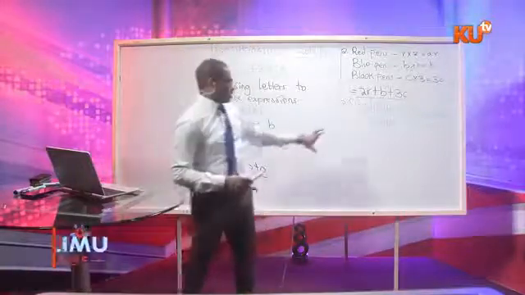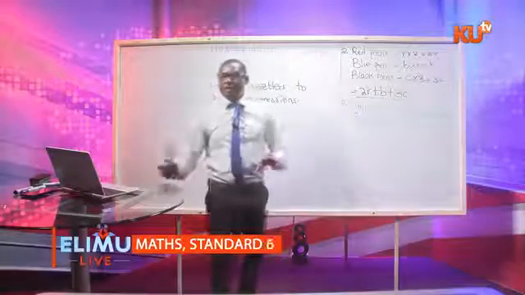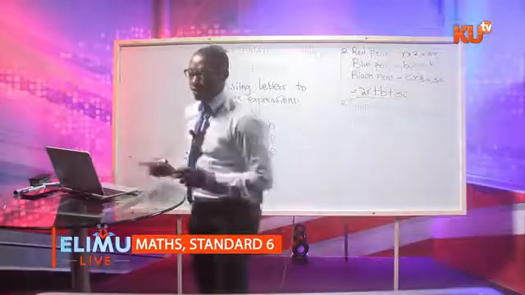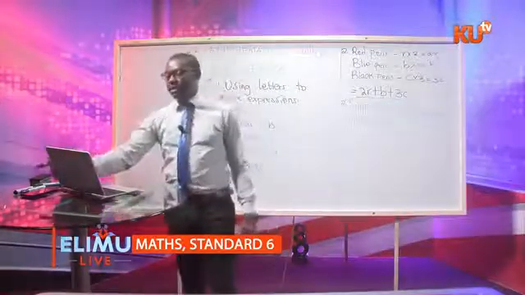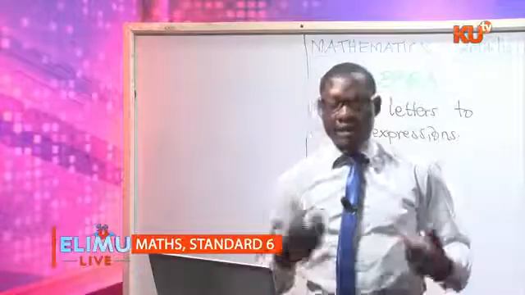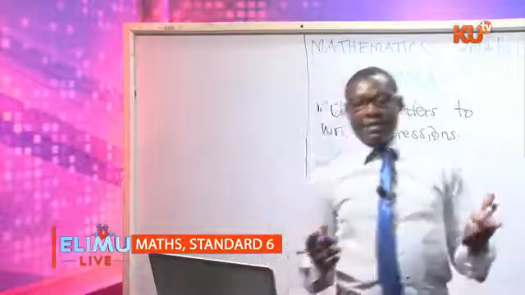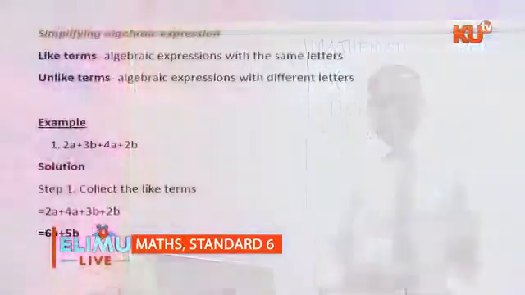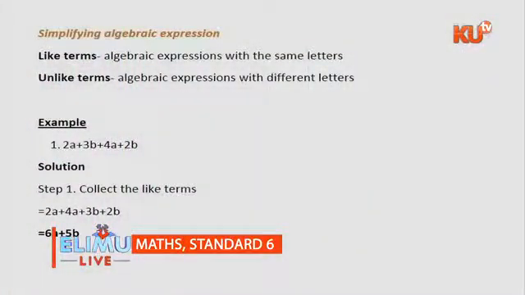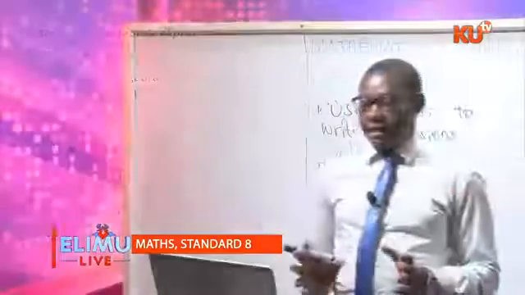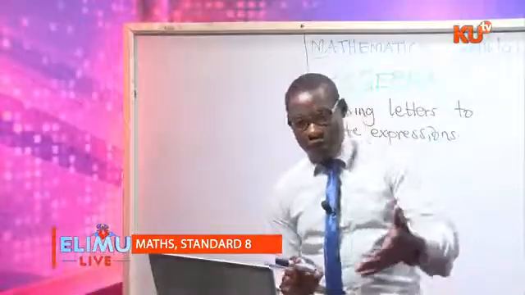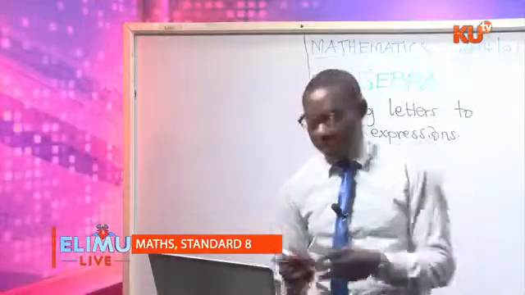Now, as we tackle this, it will bring us to the understanding of 2 different terms. The first term is a like term. What is a like term? Like terms are algebraic expressions that have the same letters. So algebraic expressions that have the same letters are called like terms, whereas algebraic expressions that have different letters will be called unlike terms.